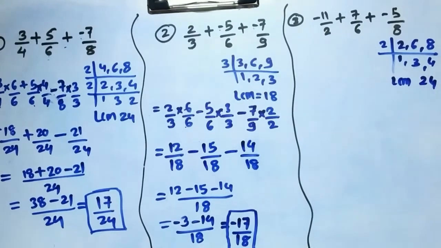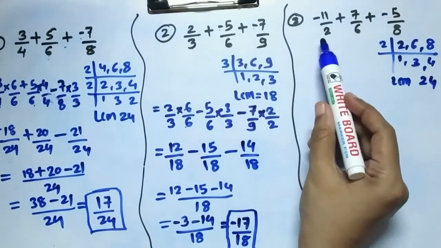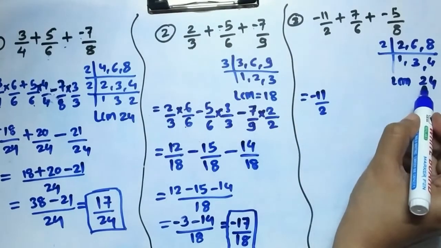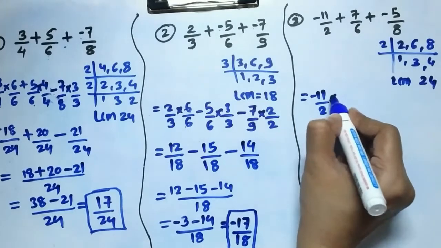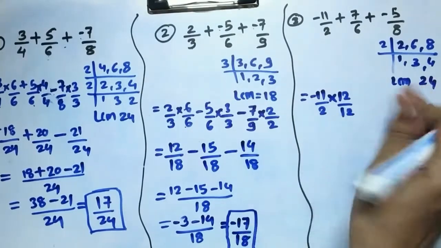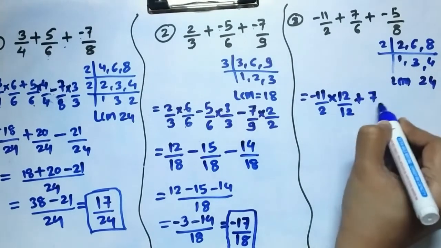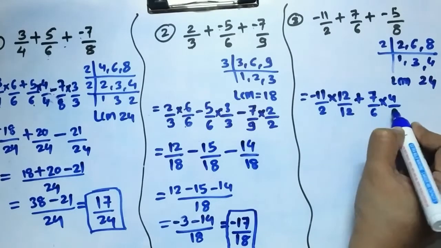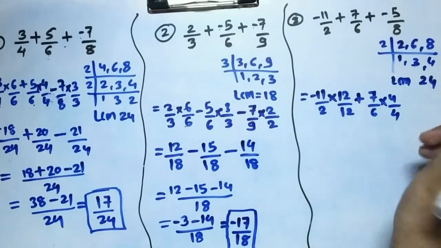Now we convert this minus 11 by 2. We need 24 as the denominator, so multiply by 12. You have to do this in your mind: 12 2s are 24. Plus 7 by 6: friends, we get 7 by 6, and 6 4s are 24.